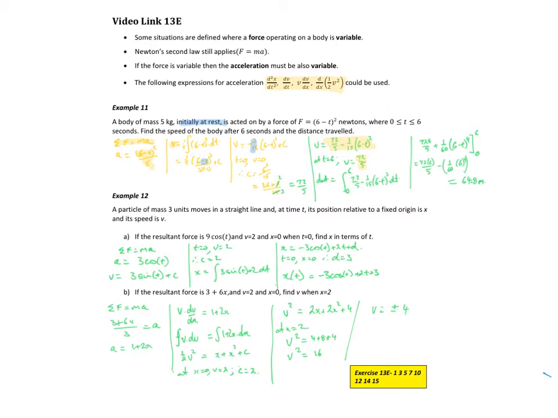Distance, if we want to work out the distance, well, obviously it's the area under a velocity time graph, or we can integrate and substitute our points in, all those wonderful things. So the area under the curve between 0 and 6 of 72 on 5 minus 1/15 of 6 minus t all cubed. Integrate, add 1 to the power, divide. Again, the negative sign in here will turn that into a positive.